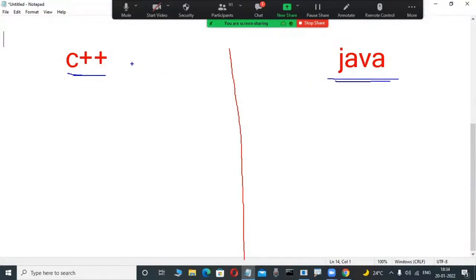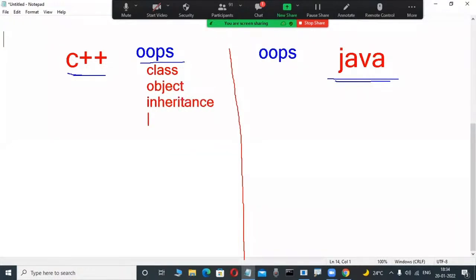In object-oriented languages, some OOPS concepts are there, the object-oriented features. Here also OOPS concepts are there, and here also. Maybe some fellows have an idea which ones: a class is a concept, an object is a concept, inheritance is a concept, polymorphism is a concept.